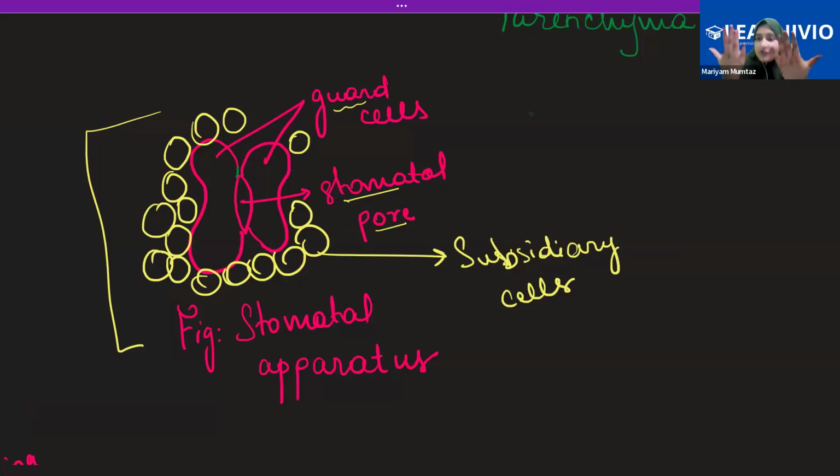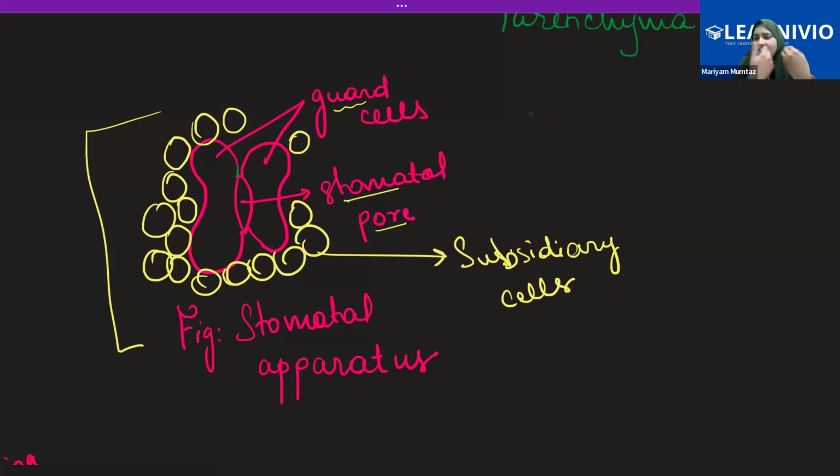Now, for example, if these two hands are the guard cells, it's like this if the stomata is closed. Now, the guard cells absorb water and they become turgid. Turgid means thick, fat. When they become turgid, they get swollen up and they open the stomatal pore like this. And then gaseous exchange and everything will take place. When the guard cells lose the water, they become flaccid.